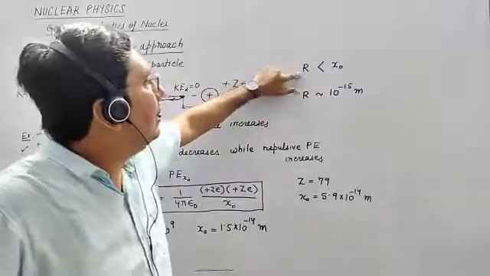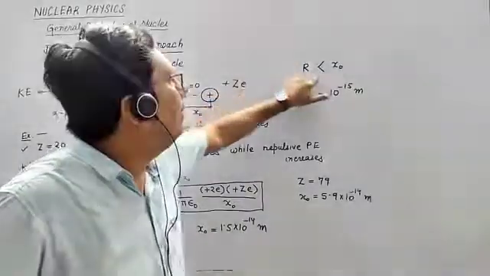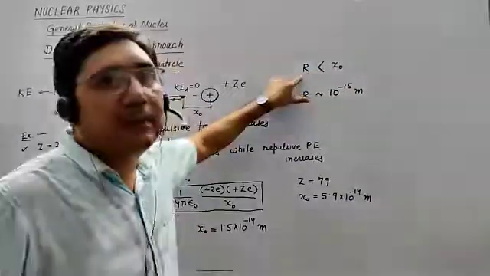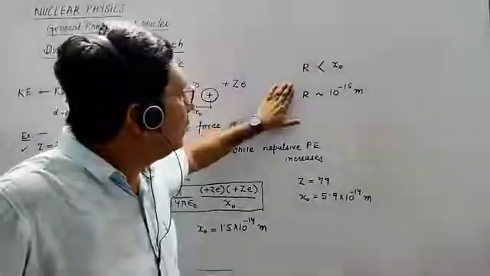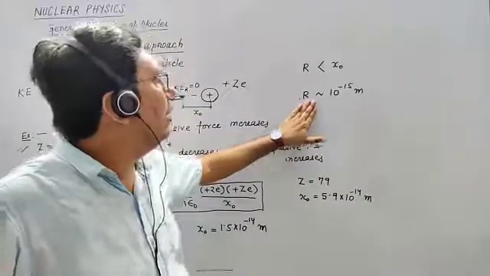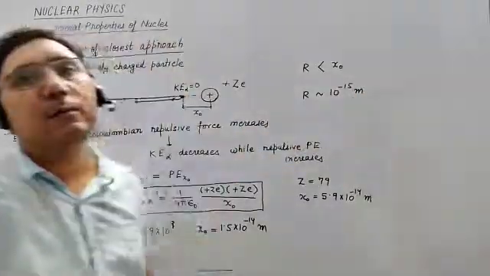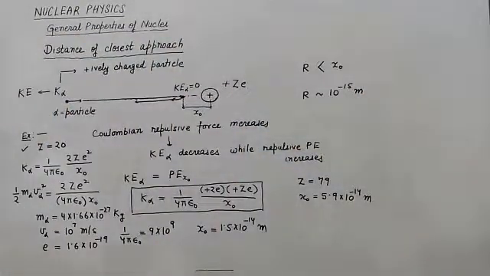By using the relation that the radius of the nuclei is less than the distance of closest approach, Rutherford concluded that the radius of the nuclei is of the order of 10 to the power minus 15. This was the first time someone predicted the size of the nuclei.